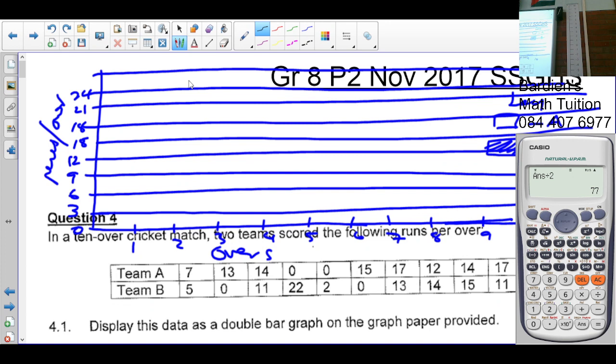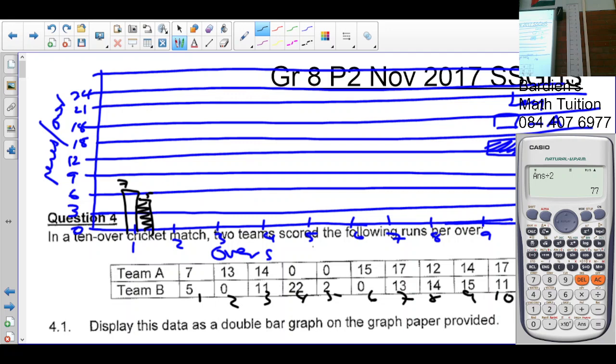Okay, so let's see here. The first over, so that's over 1, 2, 3, 4, 5, 6, 7, 8, 9, and 10. Over 1, team A scored 7. So that's 6, and 7 is just one above that. And team B is 5, which is below that, and that is shaded. So I put a 7 and a 5. Can you see?